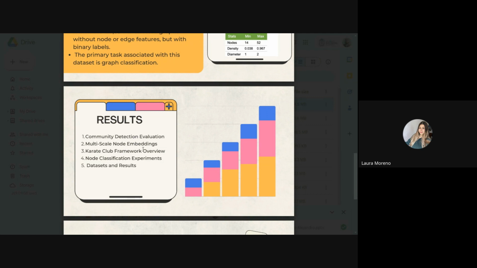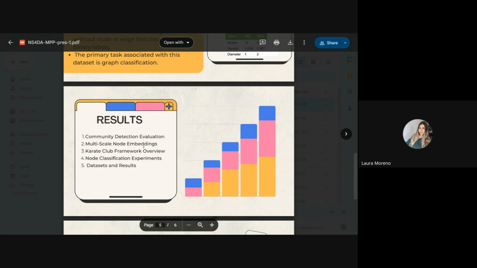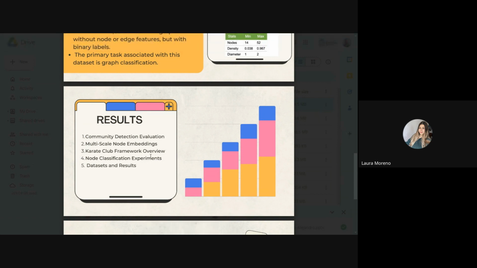The emphasis here lies in the importance of incorporating both neighborhood and attribute information for optimal representations. The other is the Karate Club framework overview. This offers a diverse set of procedures for community detection, node and whole graph embedding. Its contribution extends beyond that, providing accessible graph mining tools and adhering to API-oriented design principles.